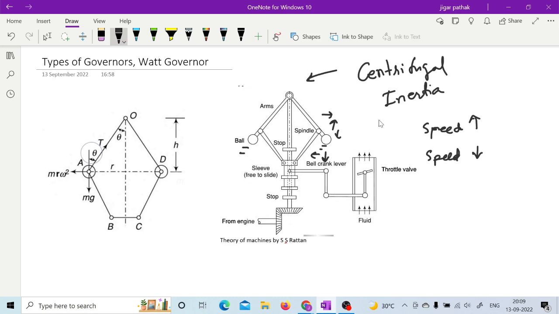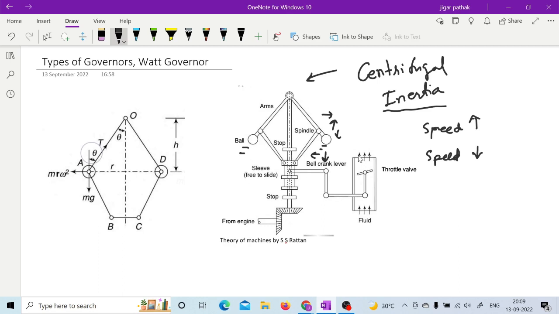But in the case of the inertia governor, the angular acceleration and deceleration of a disc is also going to take part in deciding the movement of the sleeve, right? So in addition to the fly ball's mass, the inertia of the disc on which those fly balls are attached is also going to take part in deciding the opening and closing of this throttle valve, which is supplying the fuel.